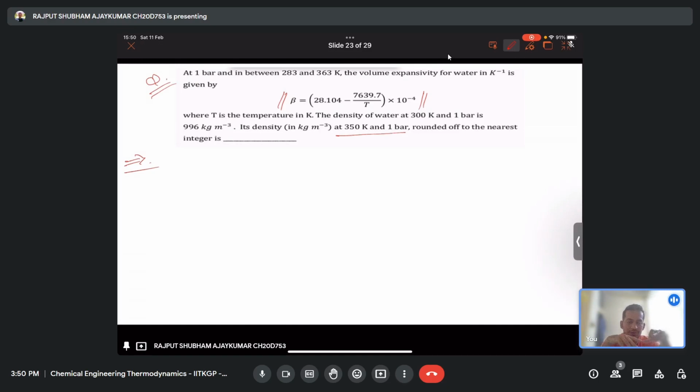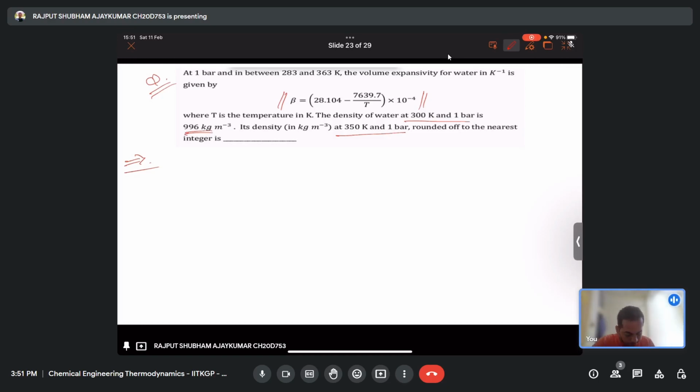If you increase the temperature, water will start to boil and require much more volume, because it is no longer in equilibrium. It will form water vapor and water, two different phases, so the volume of the system will increase. That volume expansion can be related to the volume expansivity beta. So if we increase the temperature to 350 Kelvin, keeping the pressure constant at 1 bar, what will be the result?